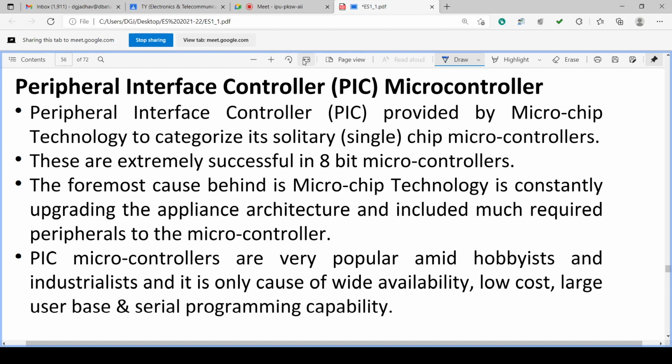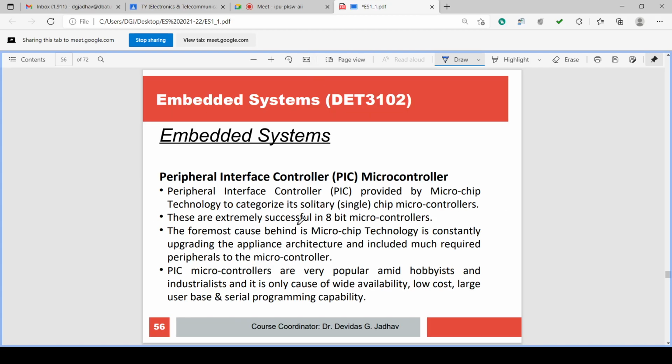Then we have seen the details of PIC, peripheral interface controller. PIC is provided by Microchip. Microchip is a company or technology to categorize its solitary or single chip microcontroller.